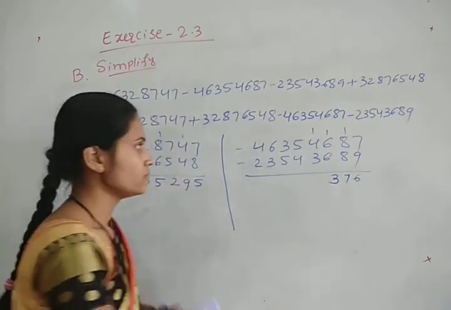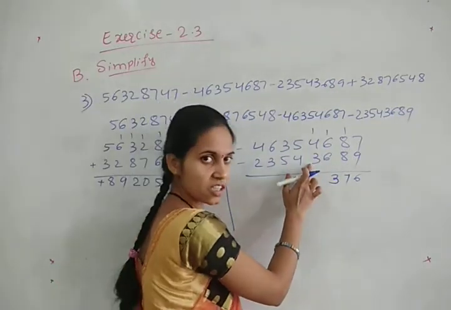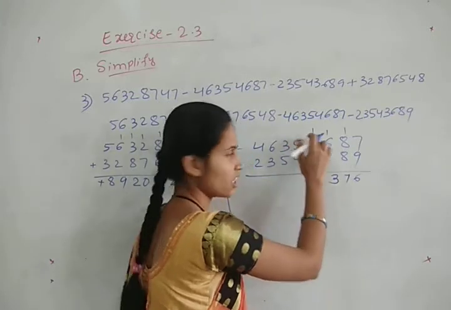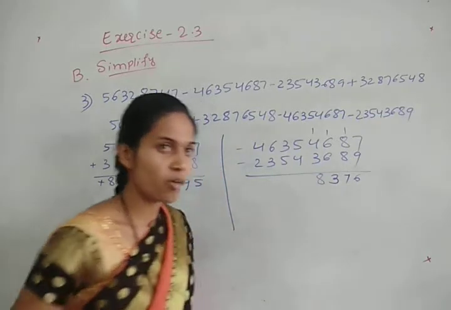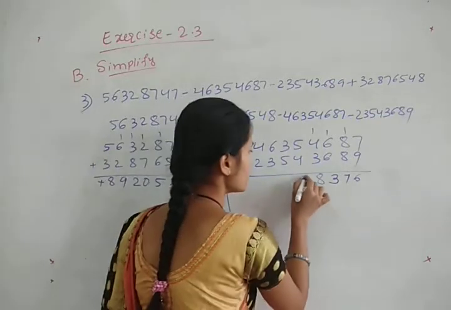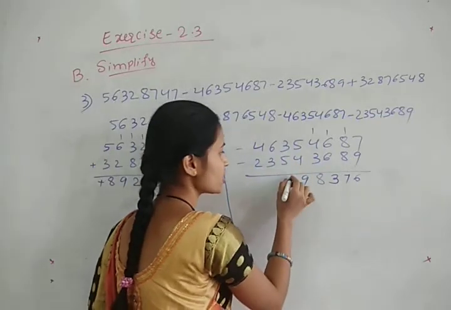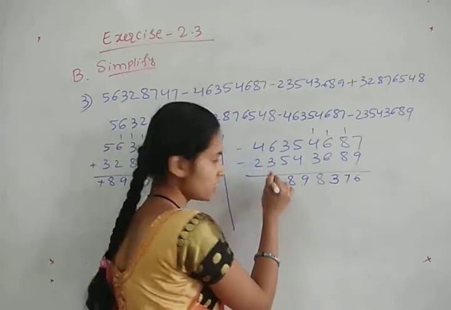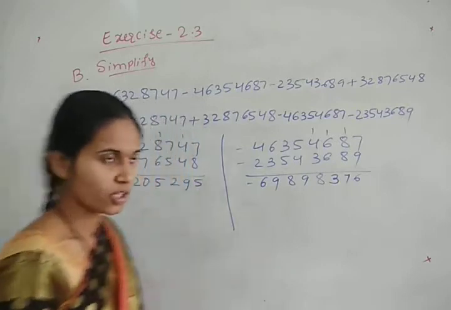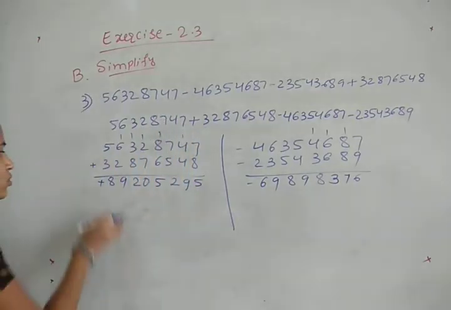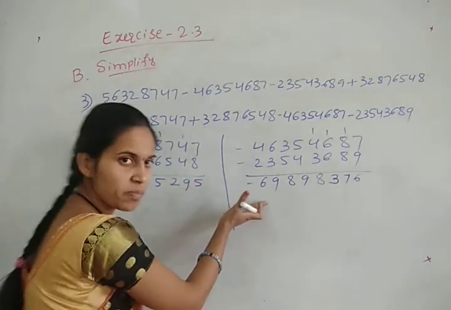Now 4 plus 3 is 7, 7 plus 1 becomes 8. Write 8. Okay, 5 plus 4 is 9. Now 3 plus 5 is 8, 6 plus 3 is 9, 4 plus 2 is 6. Right, minus symbol. So one is having plus symbol, the other is having minus symbol.